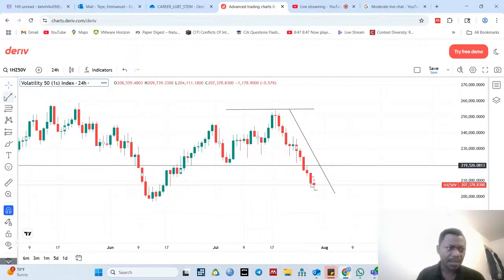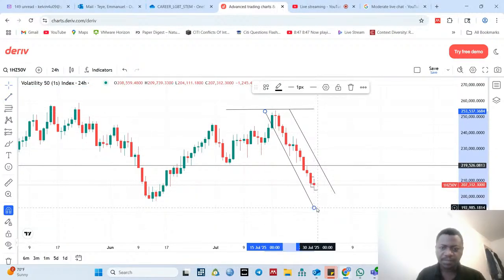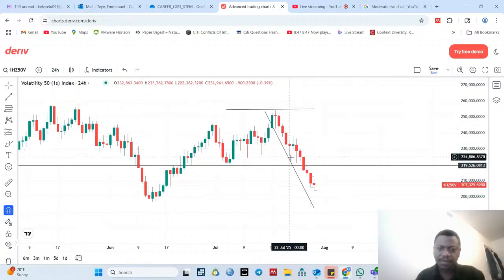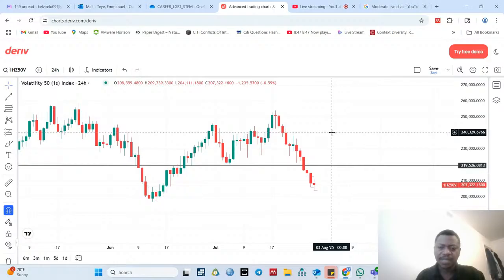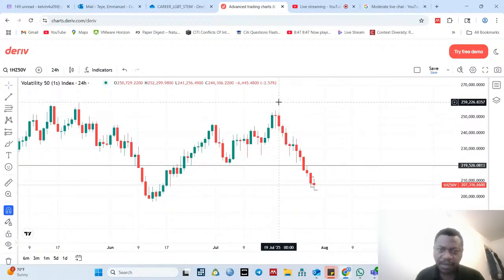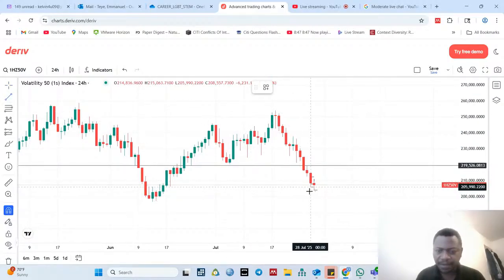So technically 51ers is bearish. Bearish means there are a lot of sales on 51ers, from this area of a swing high to this area.